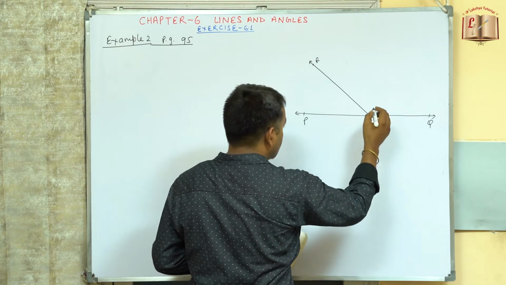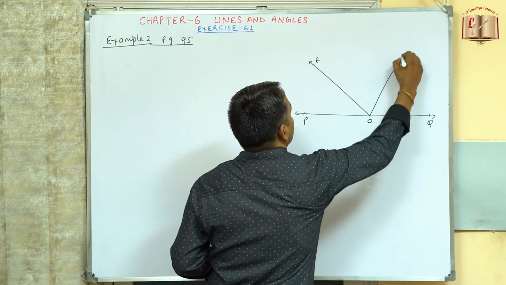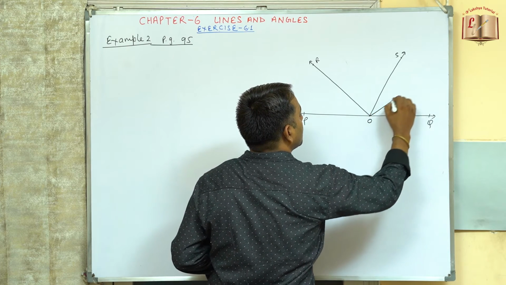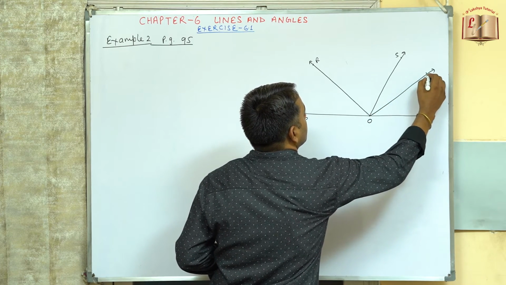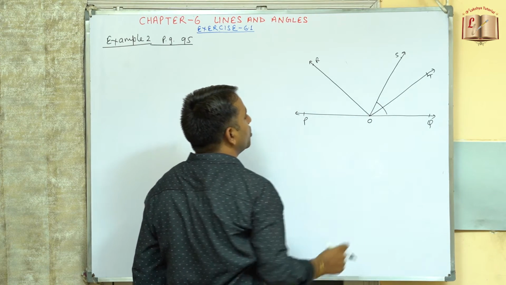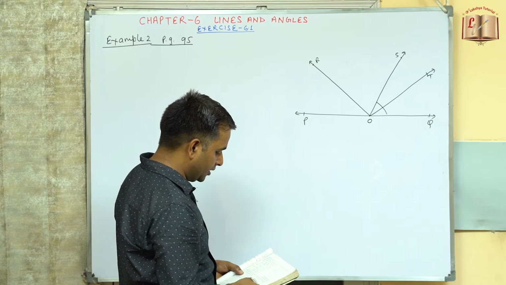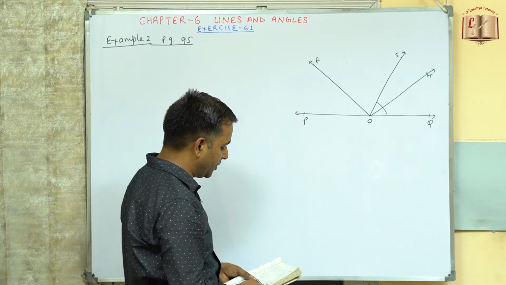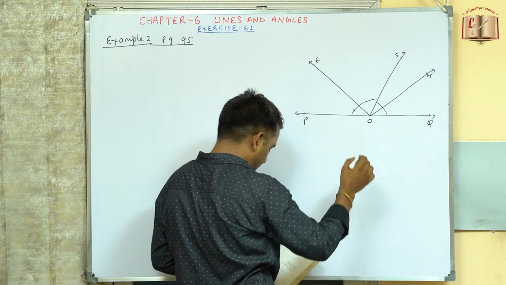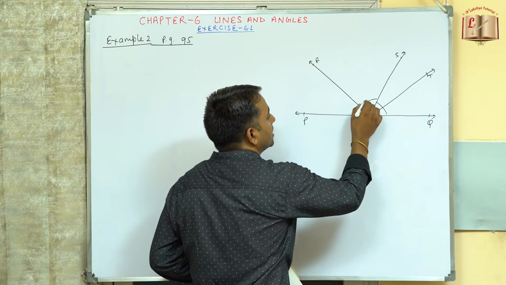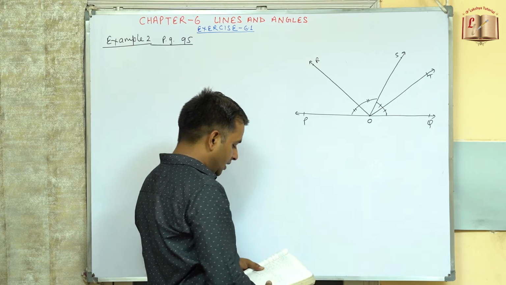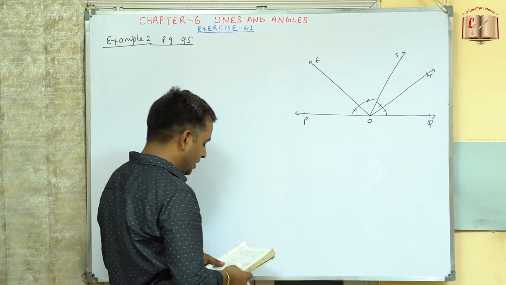This is point R, and from here this is S, and from here this is now T. It is given that OR and ray OT are the angle bisectors. So this angle is equal to this angle and this is equal to this angle. So these are now angle bisectors already given to us.